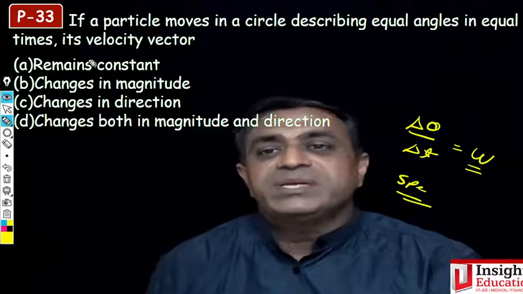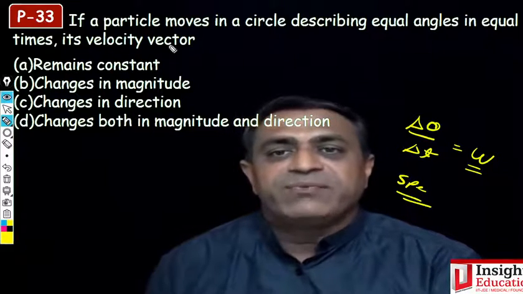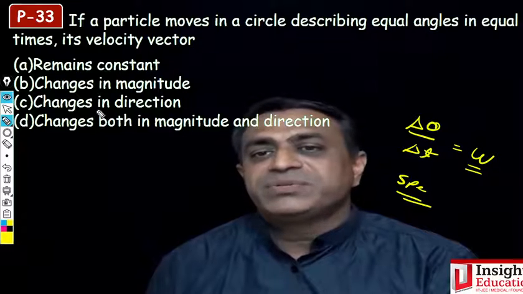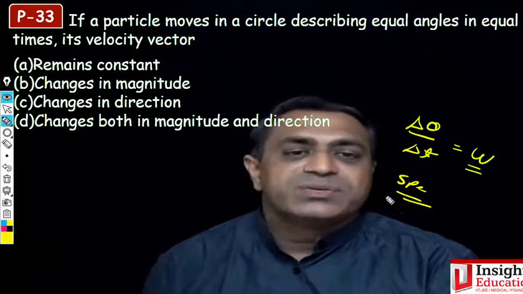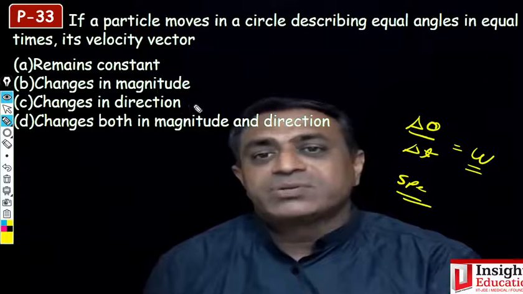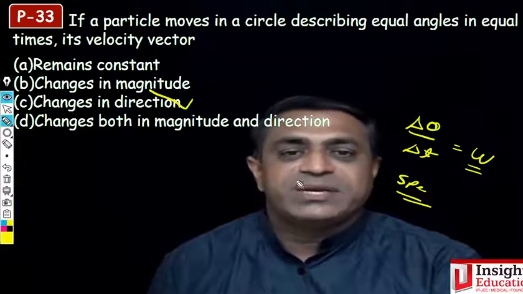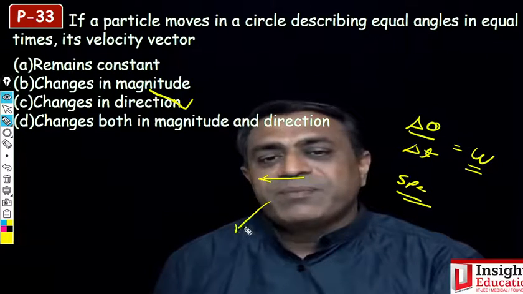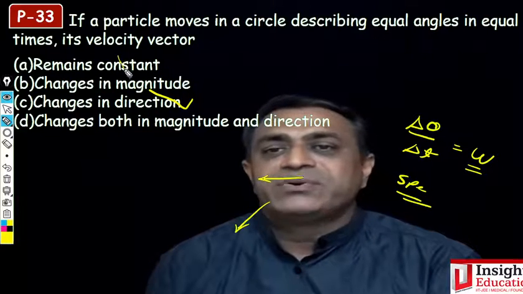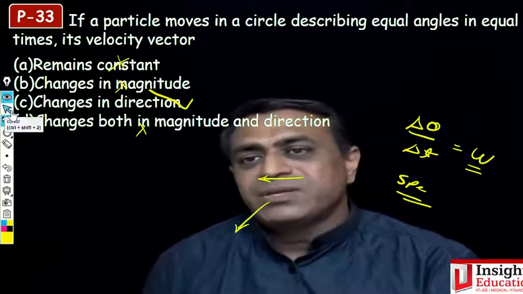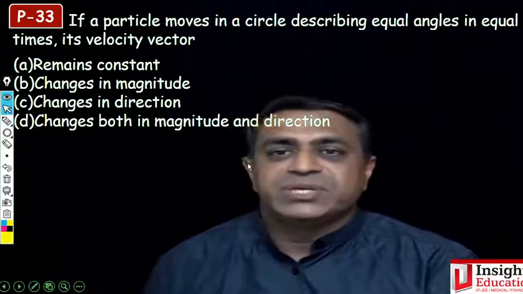So if speed is constant, the velocity changes in direction, and the direction is always perpendicular. Magnitude is not changing. Clear? So only direction will change.